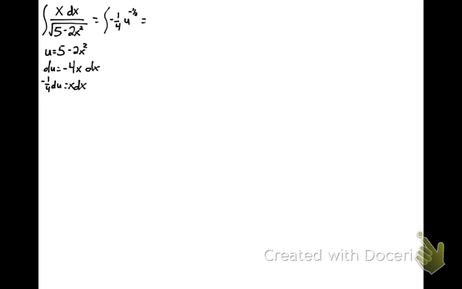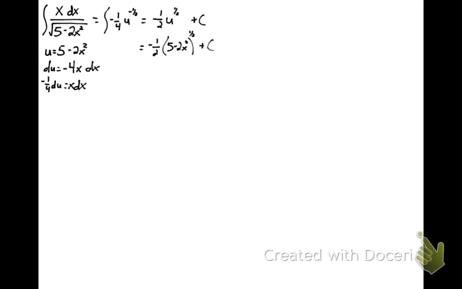Integrating that, we'll have u to the 1/2, and this should be times negative 1/2 plus c, and substituting back in our value of u, we get 5 minus 2x squared to the 1/2 plus c. So again, just because it looks like inverse sine doesn't mean that it is.